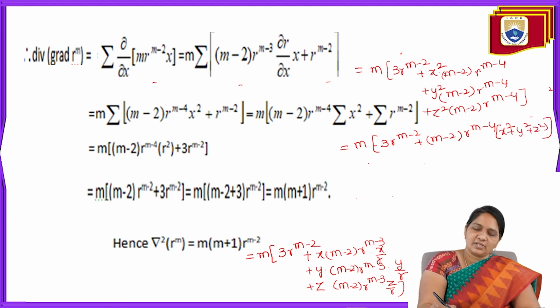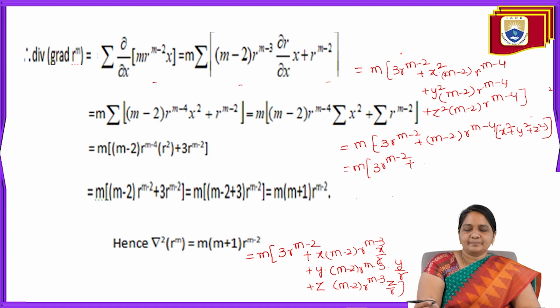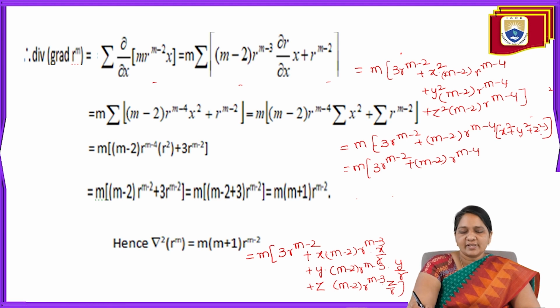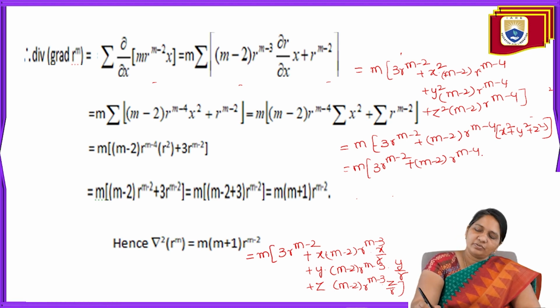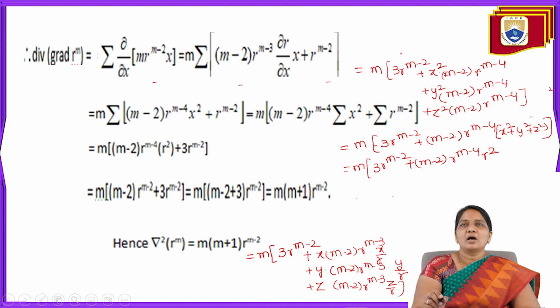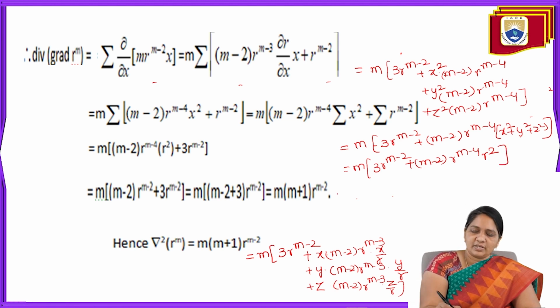Now I am simplifying this: m into 3 r power m minus 2 plus m minus 2 into r power m minus 4, times x square plus y square plus z square. What is that value? That is r square.